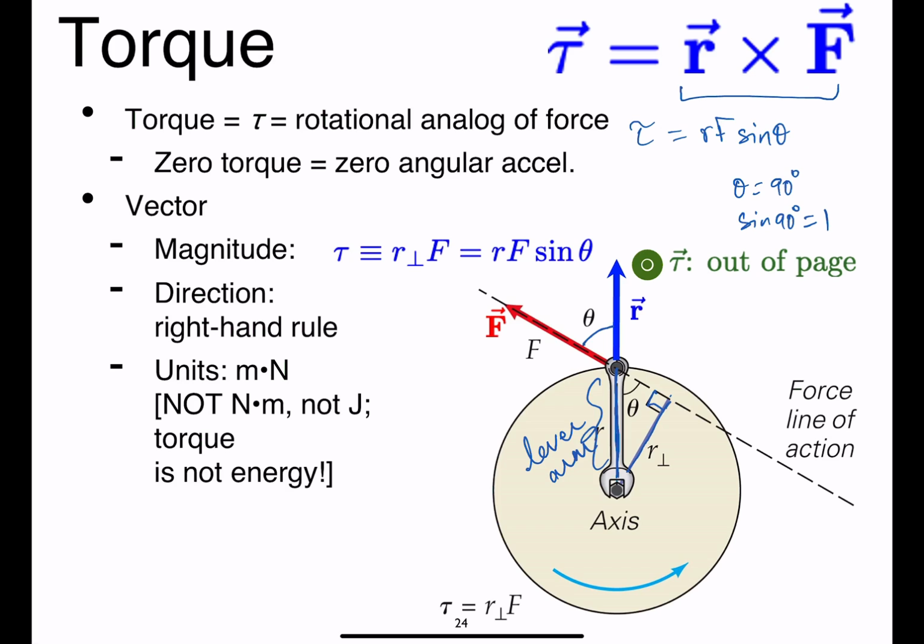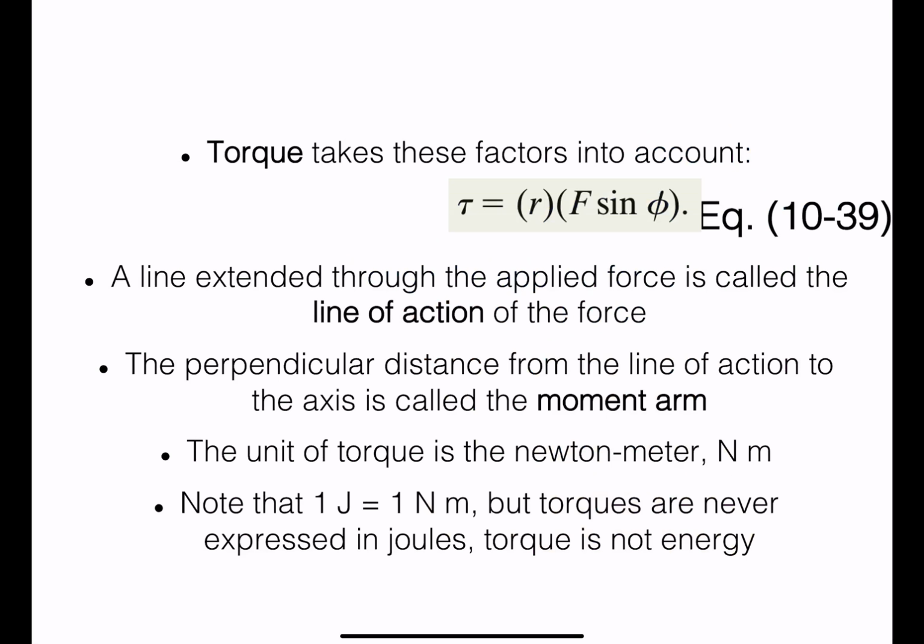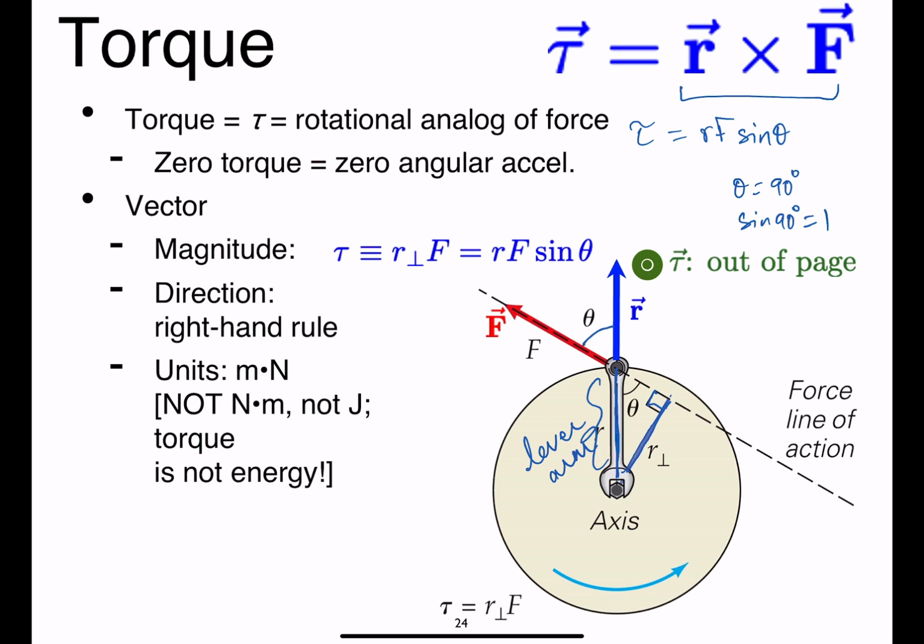So the perpendicular component of r, and this is the direction of the force, or the force's line of action. The line extended through the applied force is called the line of action of the force. The perpendicular distance from the line of action to the axis is called the moment arm. Sorry, this would be the lever moment arm.